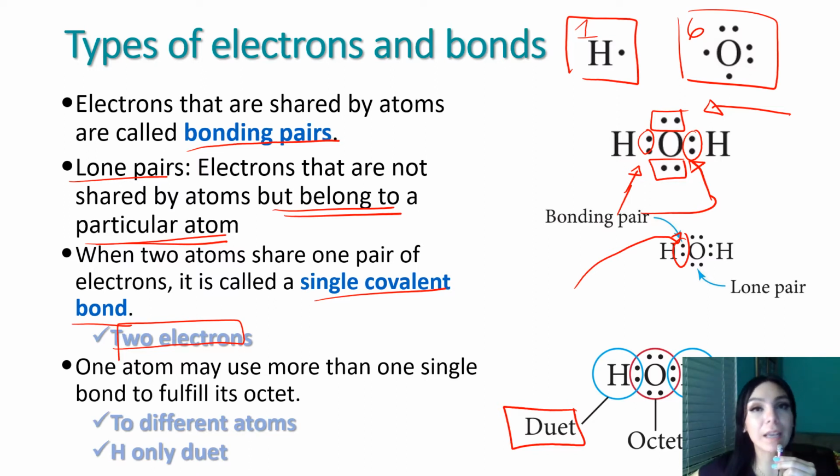So most atoms like to have 8 electrons around it. Hydrogen is one of those exceptions that is perfectly happy with just 2 electrons around it. So hydrogen can only form 1 bond, and it will have a duet around itself. But most elements will have that octet that you can see here for oxygen.